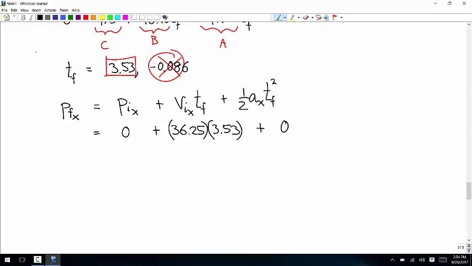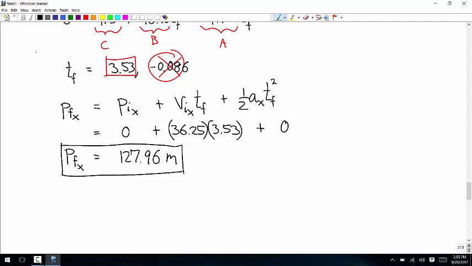And so what's 36.25 times 3.53? 127.96 meters, which is 350 feet or something like that. Any questions about that?